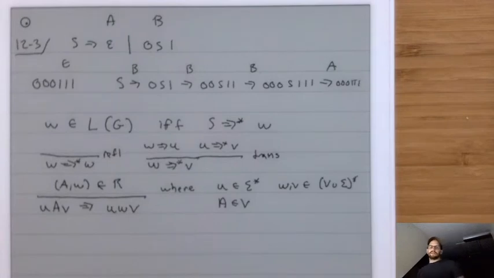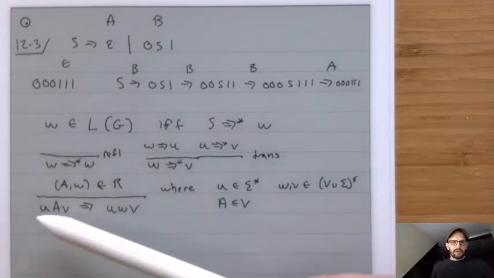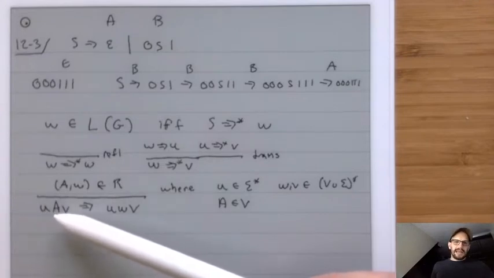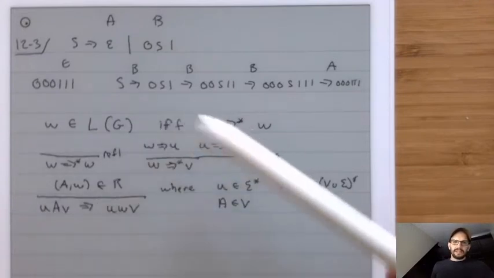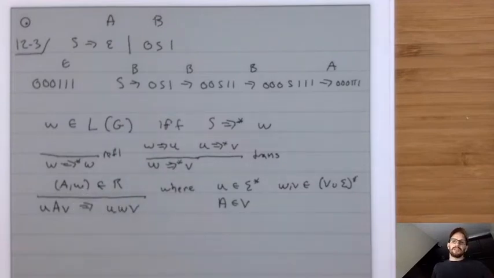So what does this mean? This means that if we have a string where the leftmost variable is A, and if we look in the set of rules, W is one of the things that is on the right-hand side of A, then we can replace it.